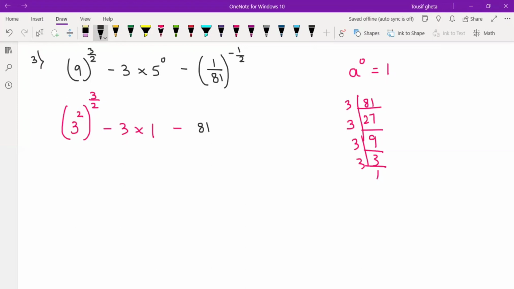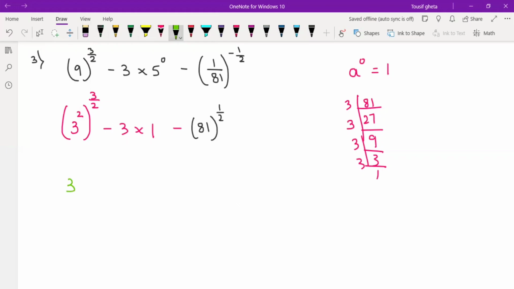81 by 1. Now, if there is nothing in the denominator, we need to consider it as 1. So I will not be writing 1 in the denominator. So it will be just 81 whole to the power of, the negative power becomes positive just by reciprocal. The next step we are going to write that.